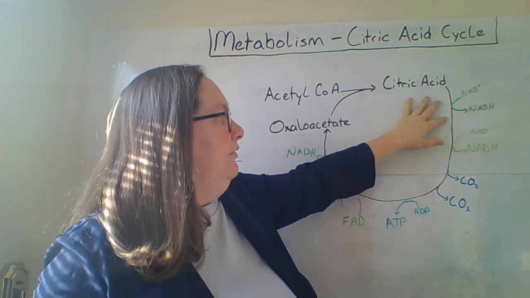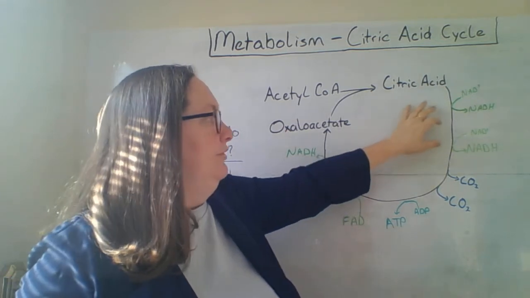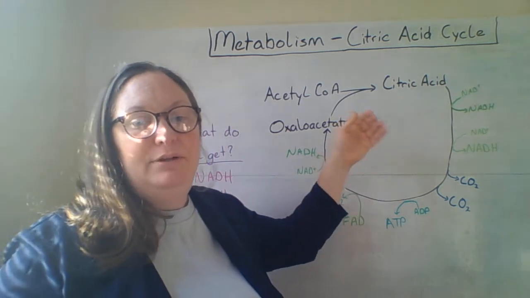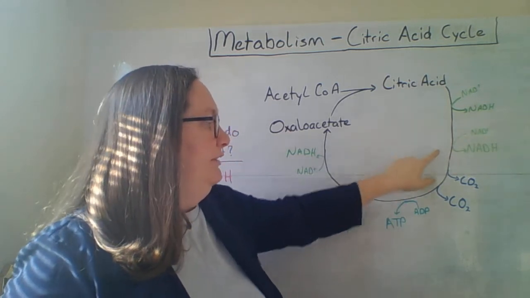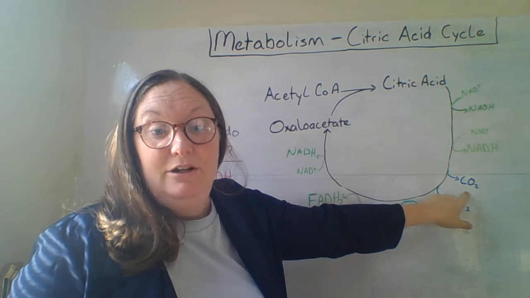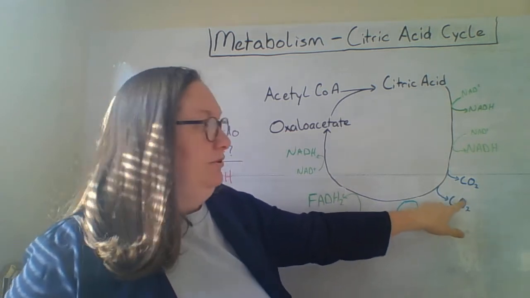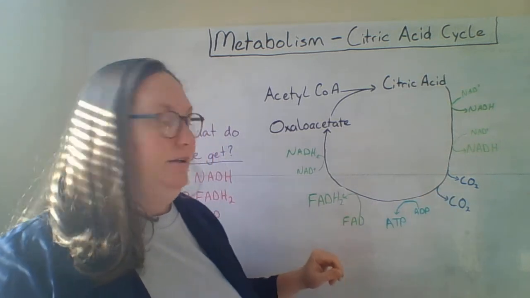Alright, so during this cycle, we're going to produce a number of NADH. So NAD plus is going to get reduced to NADH. And it's happening along the way. But look what else we're going to produce along the way. Carbon dioxide. Every time we go around, two molecules of carbon dioxide.